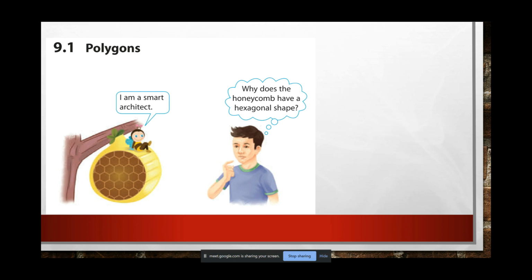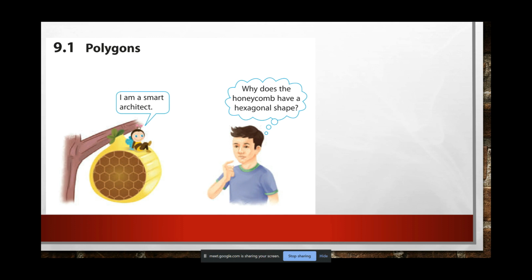Right, why don't they just use a circle all around the beehive here, so that they can efficiently make use of all the space given over here? So later on, I'm going to show you why the bee is using the hexagonal shape of the hive over there.